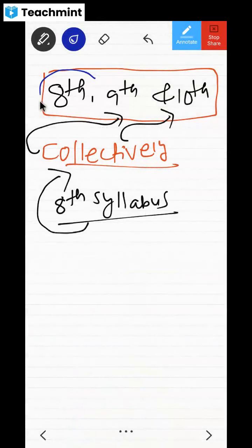Do you want to learn supporting 9th and 10th or not? So not only 8th standard. Along with the 8th standard syllabus, collectively you have to look at these syllabi also.